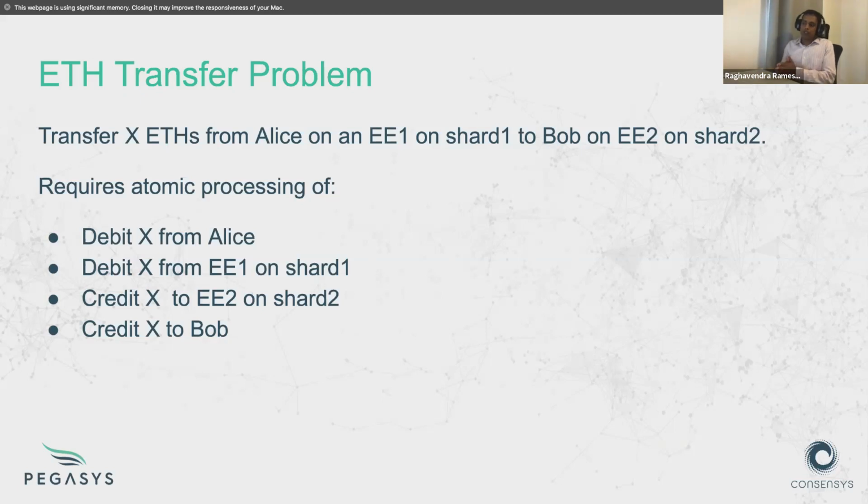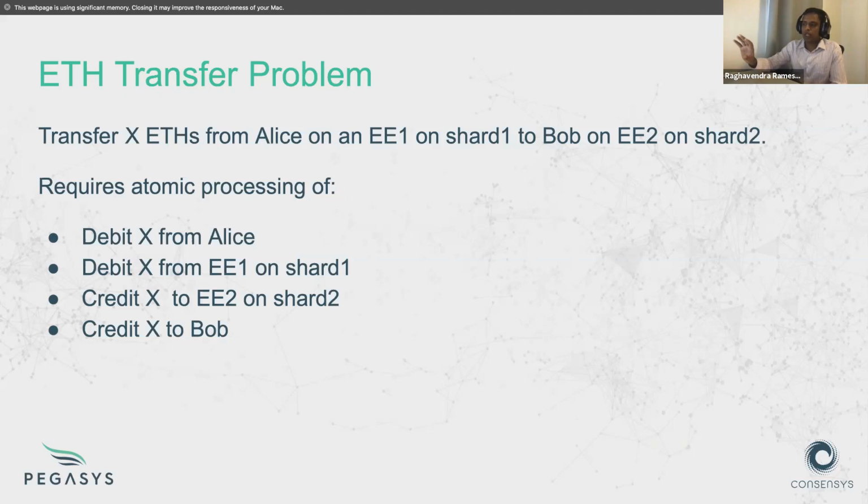Also, the EE1 instance, which maintains its own balance, has to lose X amount of ether. So debit X from the EE1 instance on shard 1. Next, credit X ether to the EE2 instance on shard 2, and then credit X ether to the Bob account, which exists on the EE2 instance on shard 2.